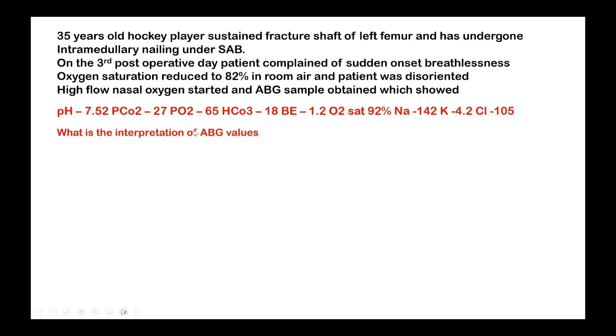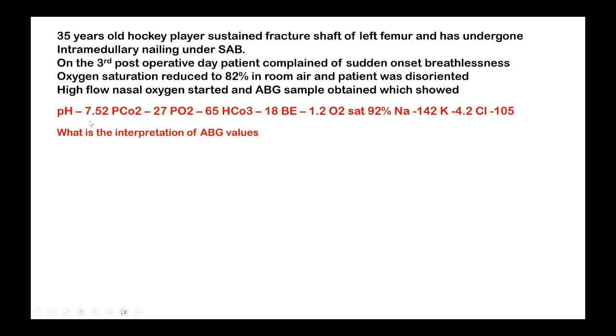Okay. So what is the basic pathology here? Is it a metabolic problem or respiratory problem? Respiratory problem. In respiratory, why should bicarb go down? It is a primary metabolic problem because bicarb is low. It is being compensated by the respiratory system by washing out the carbon dioxide.